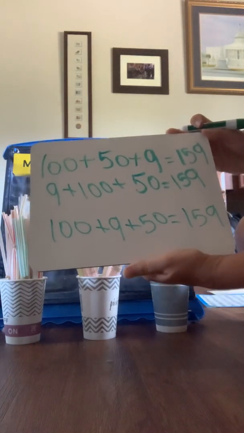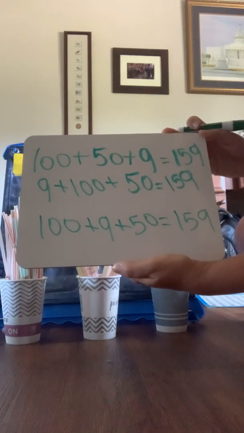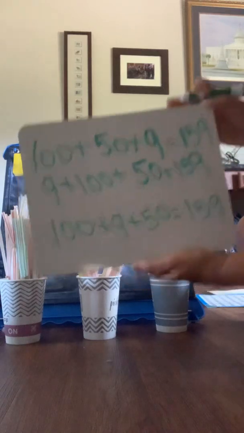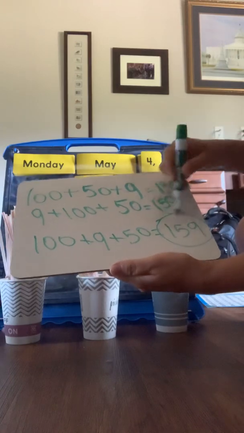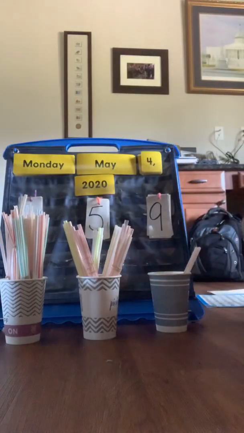We could say 9 plus 50 plus 100, 50 plus 100 plus 9. All of those are different ways to equal 159. 159 days of school.